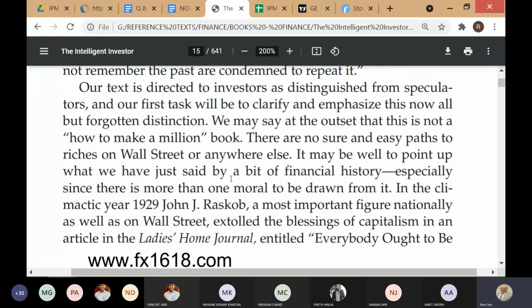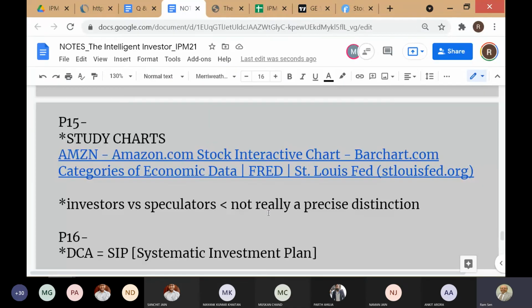He spends a lot of time on this, but my point here is that the distinction he's making is not very precise. It's kind of a fuzzy, warm and fuzzy distinction, and it's not precise. So you have to be aware of this, but people in the market talk about this.